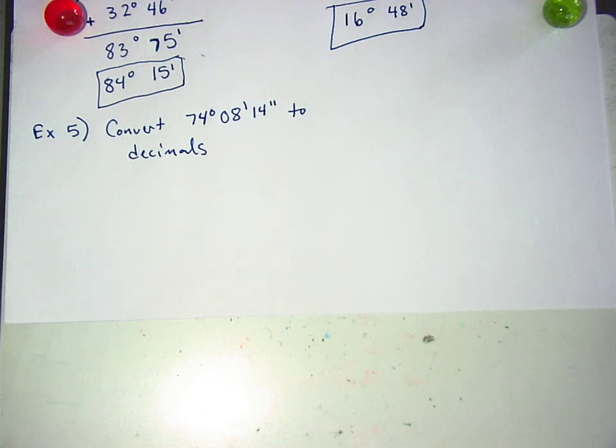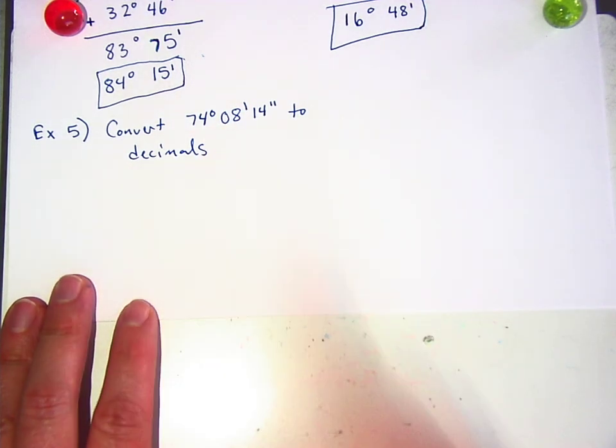You got an idea? We're doing it as a group. I want you to tell me how to do it. Times everything by 60, so we get it only in one spot. So our ones place is about 14? No, it's not a ones place. It's out of 60.